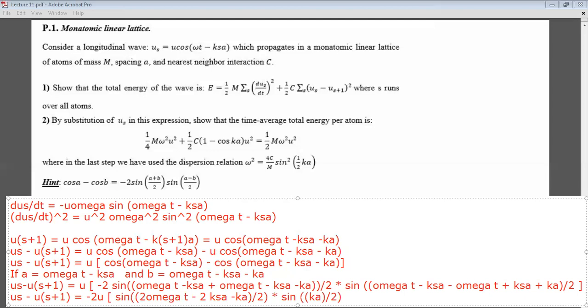Okay, so I've reached this step. To continue from here, from the first part, I will take 2 common.